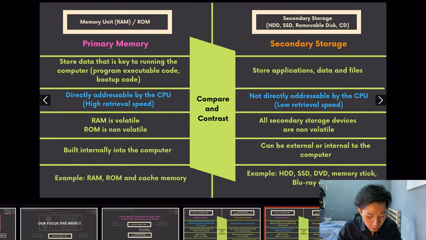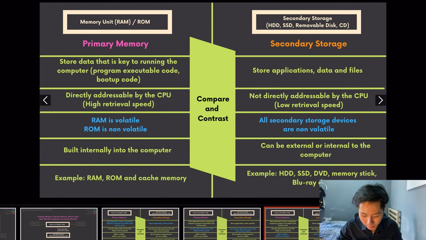And the primary memory is directly accessible by the CPU, and the secondary is not, which means that if you were to run an application or a game or software, the code for that software will need to be loaded into the RAM first before it is run, because the CPU can only directly access what is stored in the primary memory.